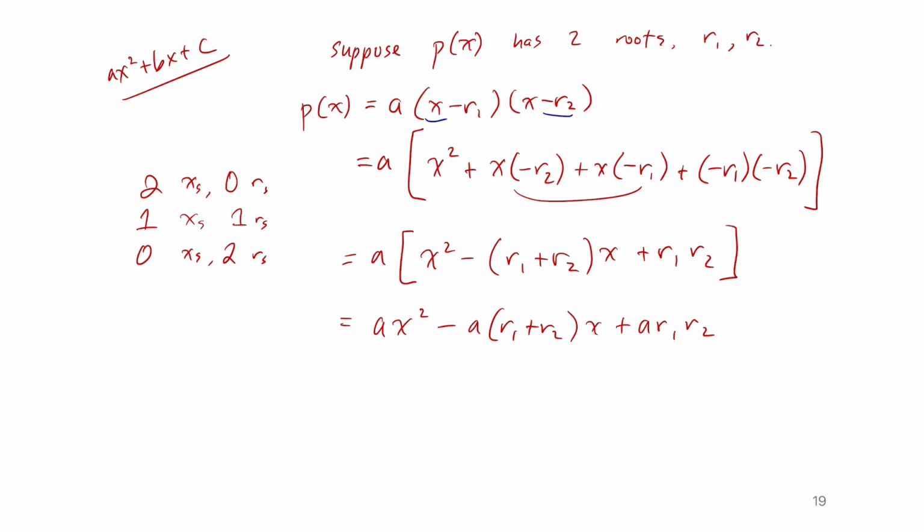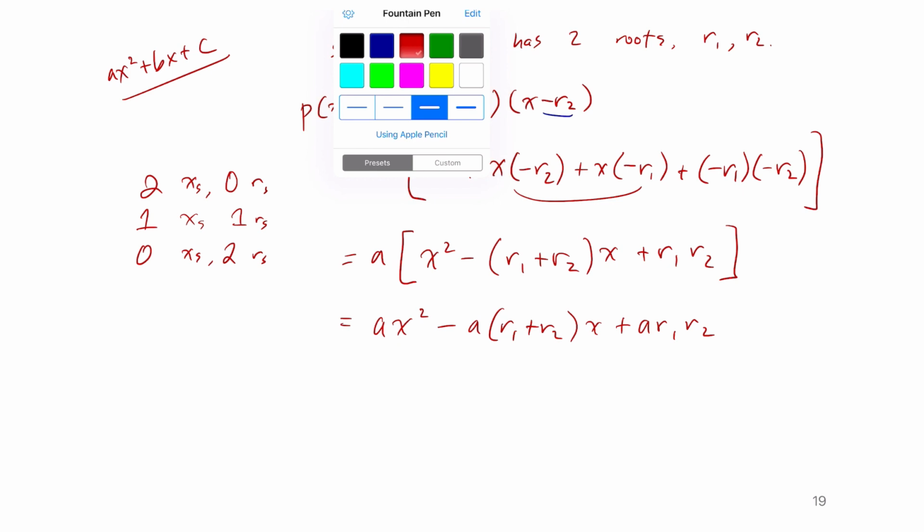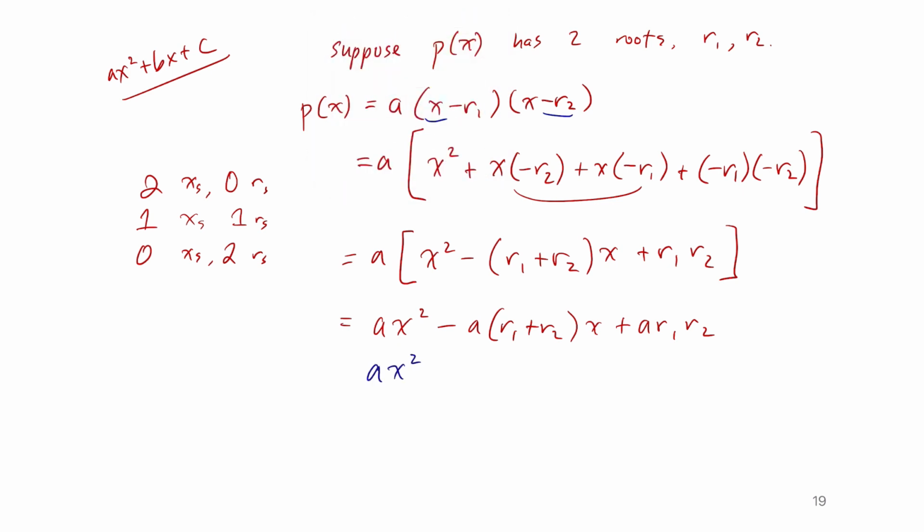But we know what we want to compare this to is really ax squared plus bx plus c. And now we start to see the similarities with the result that we already found. Comparing the two a's doesn't really tell you anything, but we notice negative, what are we doing over here?